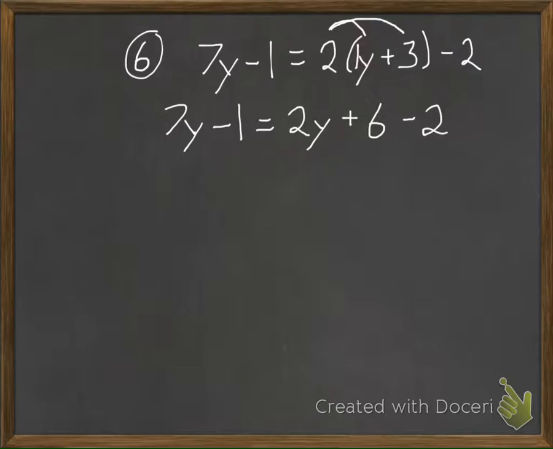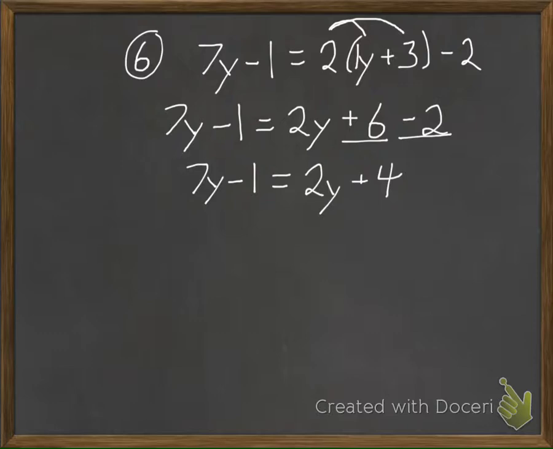Now I'm still not ready to solve because my right-hand side still isn't simplified because positive 6 and negative 2 are like terms. So to combine those, I still have the same thing on the left side, but over on the right I have 2y plus 4. Now, the next thing I need to do is get rid of my variable on one side, so I'm going to get rid of the variable on my right-hand side.